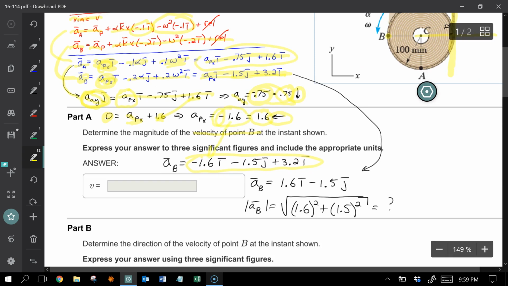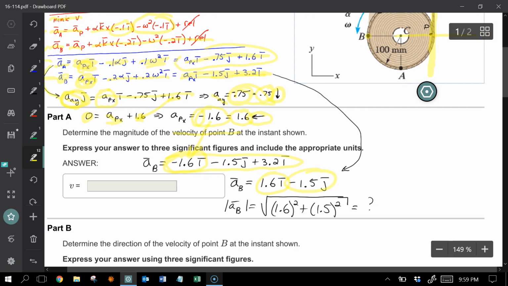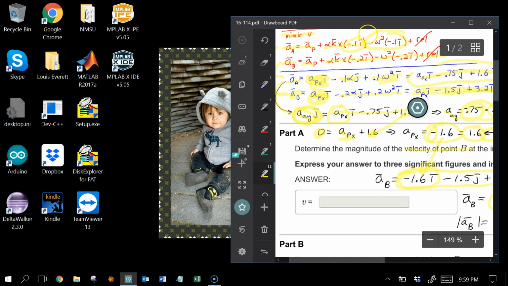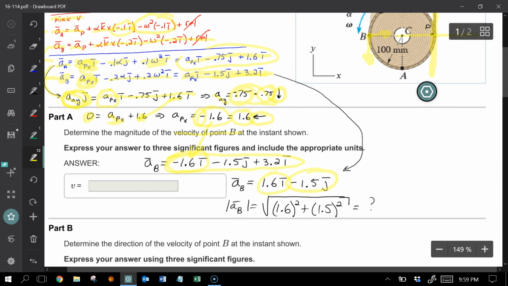You plug it in right there, negative 1.6 I, and then you just add everything up, and you get an I piece and you get a J piece. If you notice, what it's telling you is B is accelerating to the right, and it's accelerating down. Which kind of makes sense because B is on a curve and it's kind of winding itself around like this, so it's coming down and inward, and so it should be accelerating in and going down.